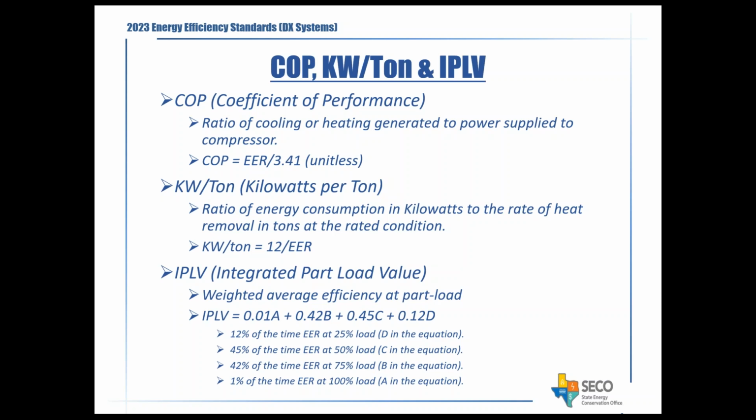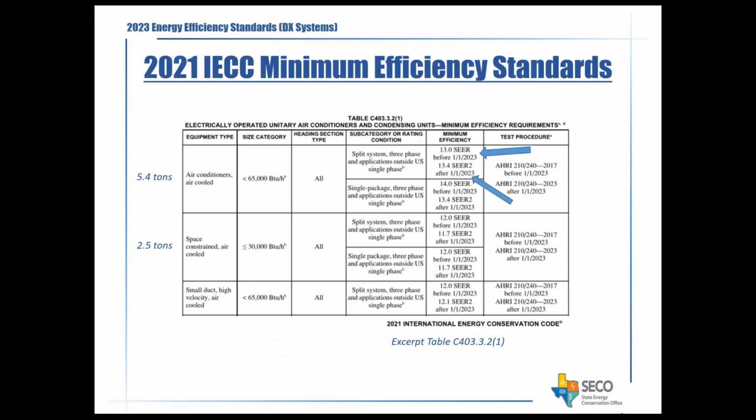At 75% load, it's about 42% of the time, and so on and so forth. So the IPLV is the weighted average, and it's a good representation of how efficient that unit is going to be over its operating time. Mostly you will see these when you're looking at the efficiencies for chillers.